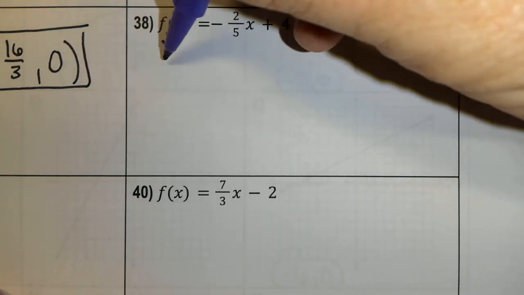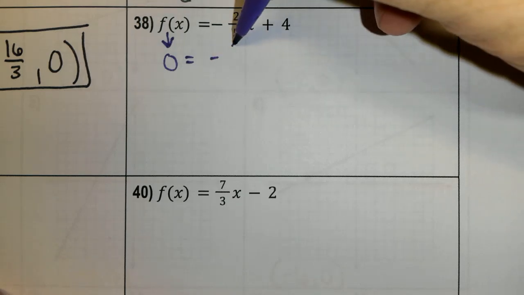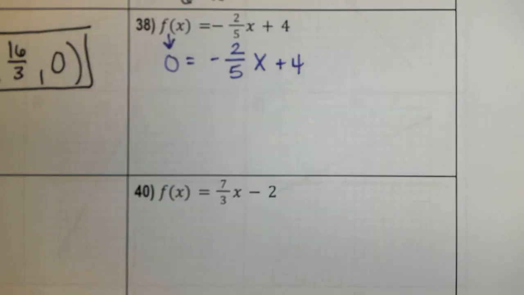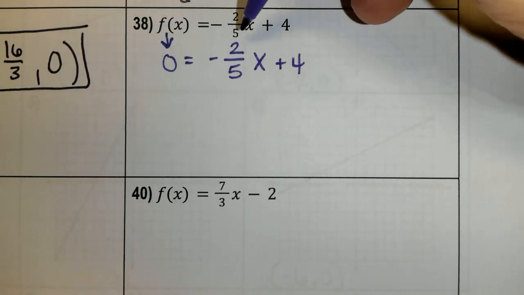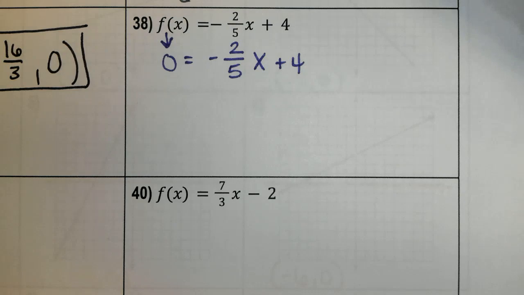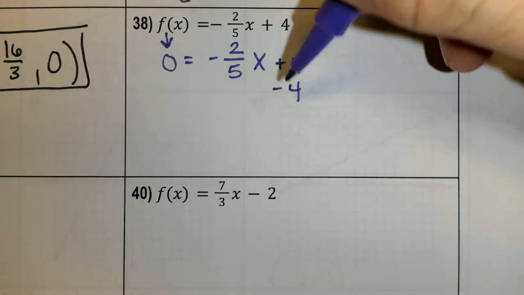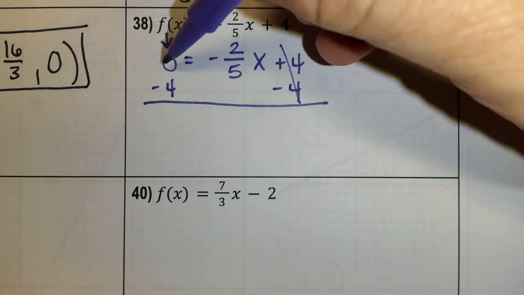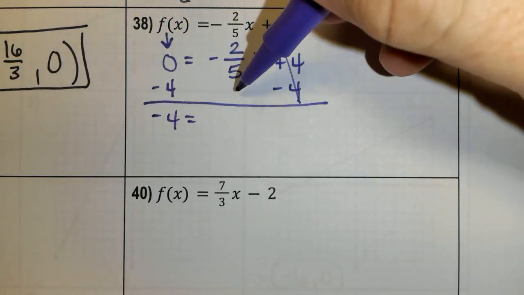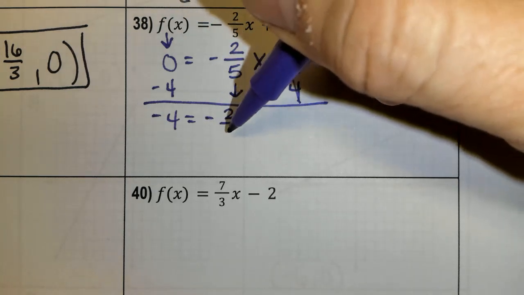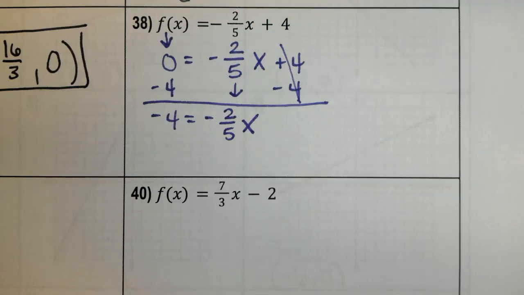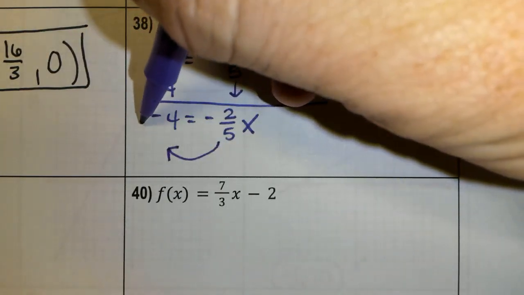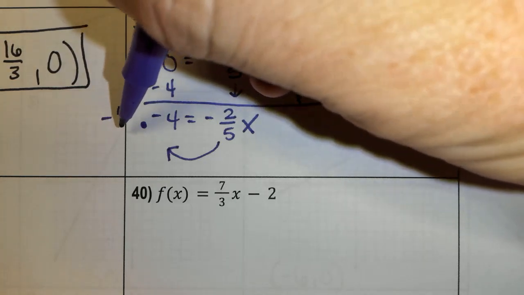All right, 38. f of x changed to 0. And then I move my number, divide by coefficient. So again, same two steps. So plus 4 becomes minus 4. 0 minus 4 is negative 4. Bring down my negative 2/5 x. And I divide by my coefficient. I'm dividing by a fraction, so instead I'm going to multiply and flip.